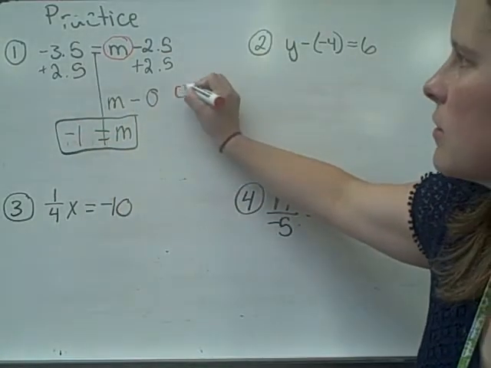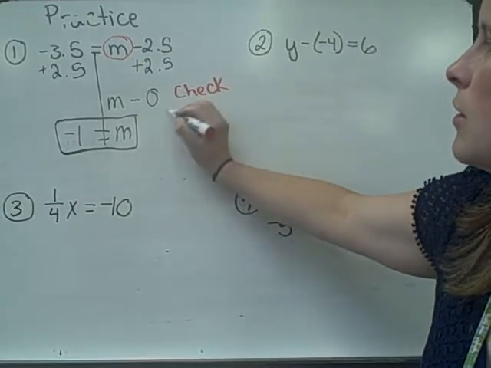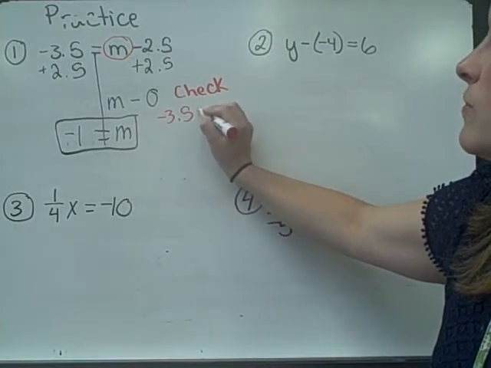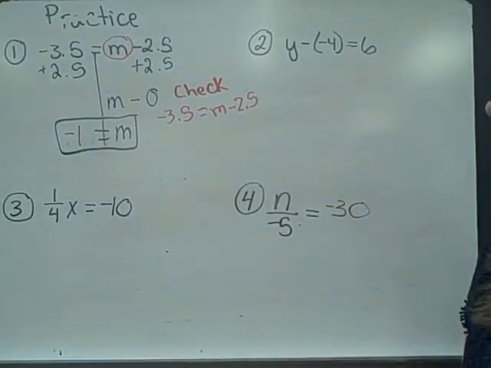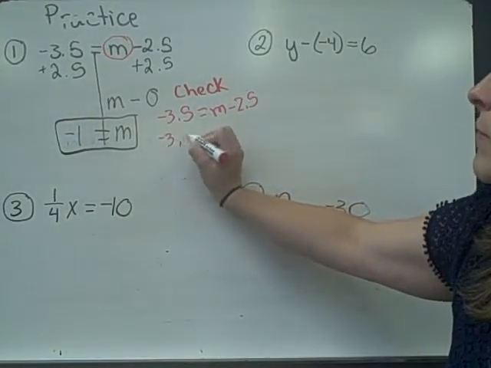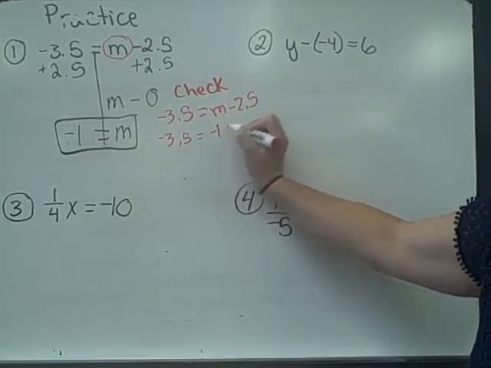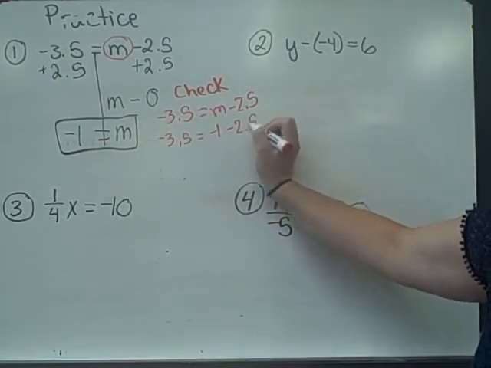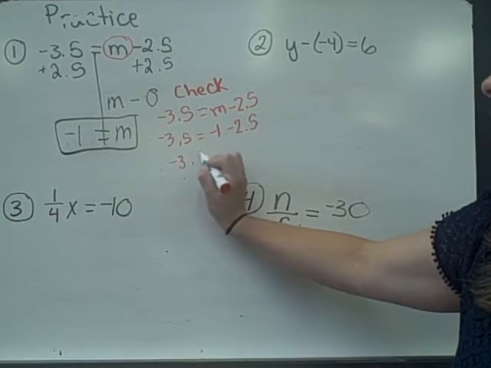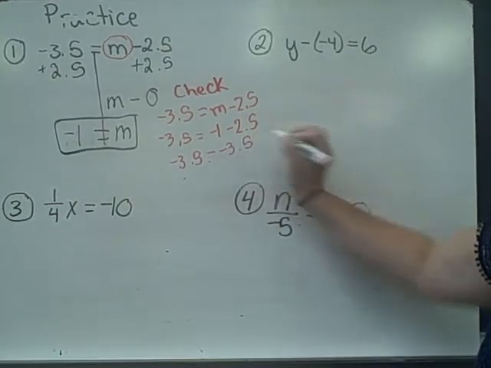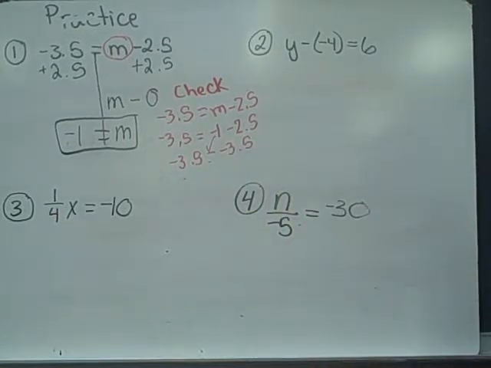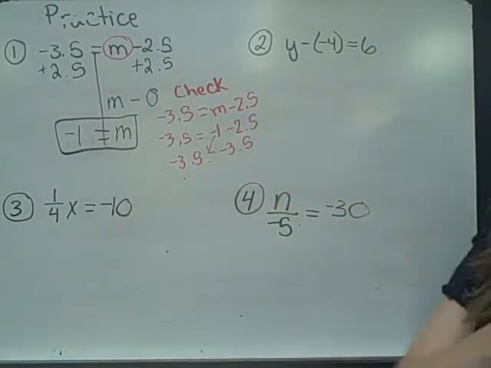Now, to check, I take the original equation and I plug in -1. So it would be -3.5 would in fact equal a -3.5. Okay, check. Because they are equivalent, I know that my solution is correct.